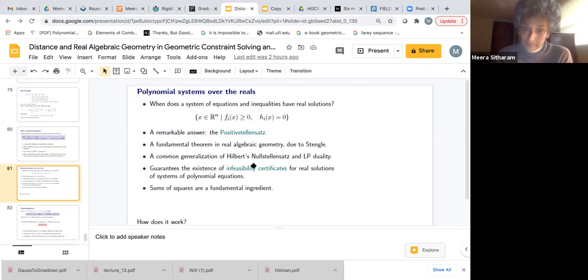This idea of infeasibility certificates is just what we talked about: in order to show that something does not have a solution, you show the existence of multiplying polynomials that demonstrate that one is in the ideal. In the case of Hilbert's Nullstellensatz, it's a similar idea.